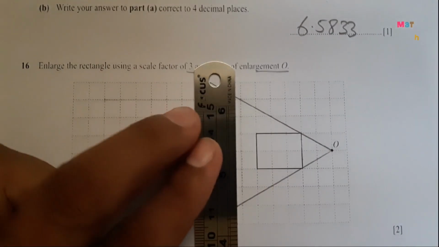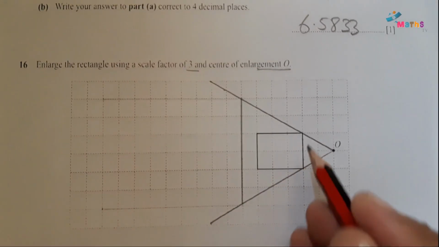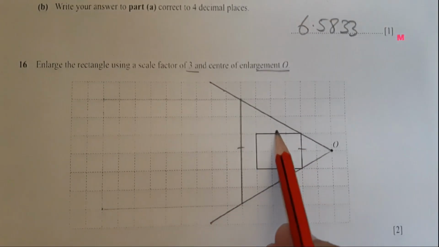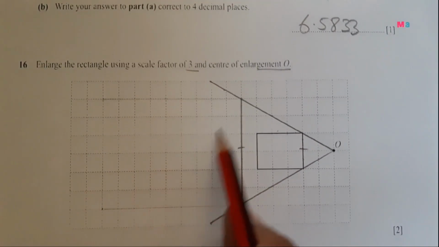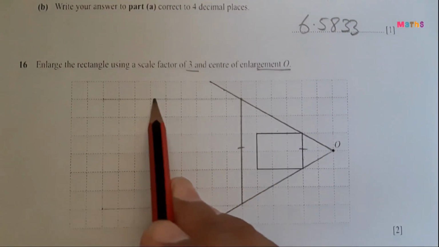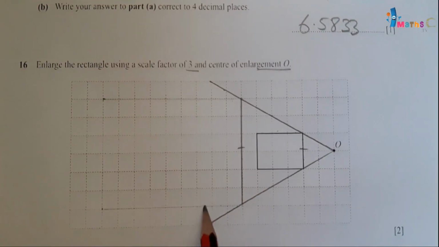So our new line after enlargement, this side will be here, so this side is shifted to this one after enlargement, and 1 2 3 units. 3 multiplied by 3 will be 9 units. We'll count units 1 2 3 4 5 6 7 8 9. So we can mark here. Similarly 1 2 3 4 5 6 7 8 9.